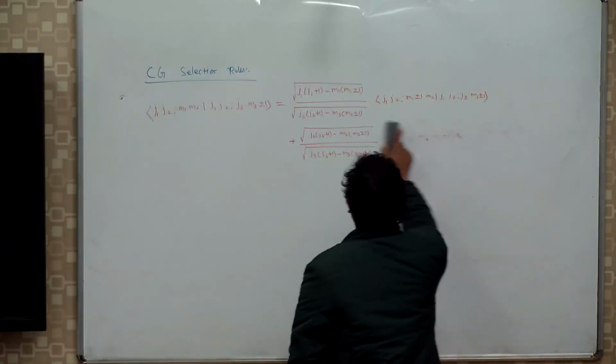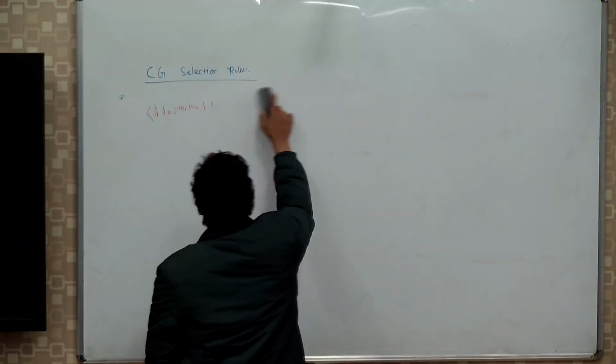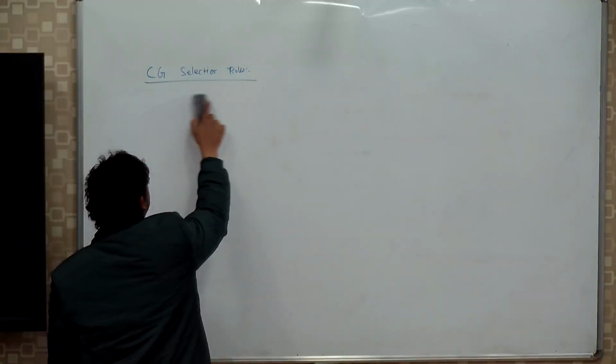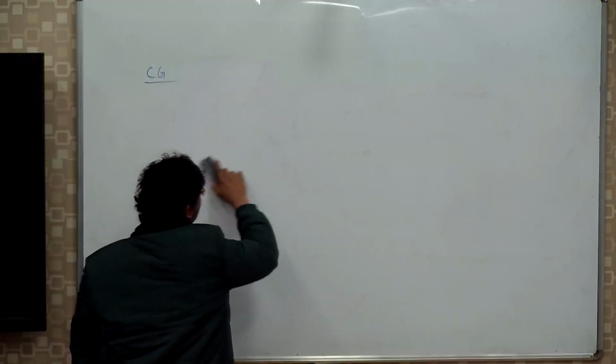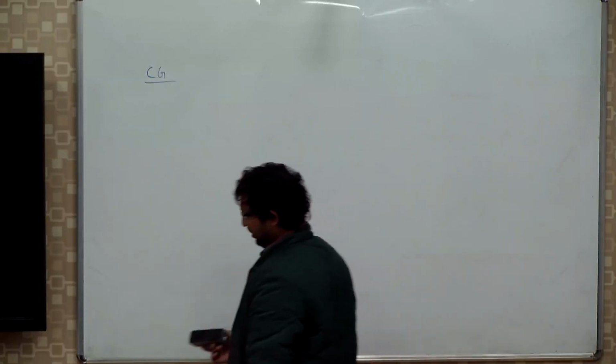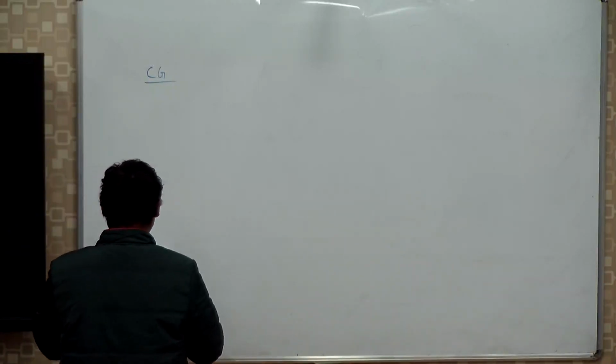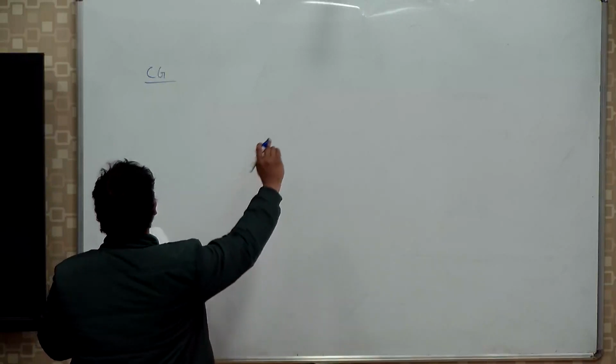So finally we are coming to list out the points to take care of for solving the CG coefficient. There are certain points we have to take care of. I am just listing out the CG coefficient using the sequential approach.